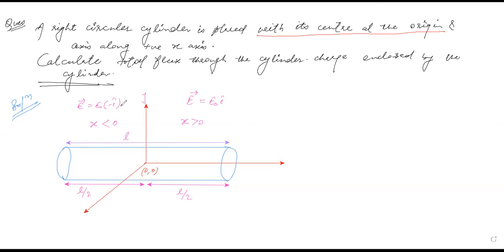Are you clear till here? Now, can you tell me how many surfaces are available here? We can consider a total of 3 surfaces. This is your surface 1, this is surface 2, and this is surface number 3.